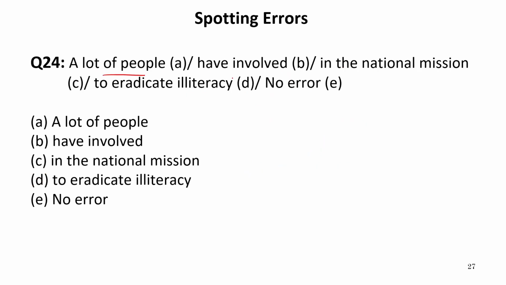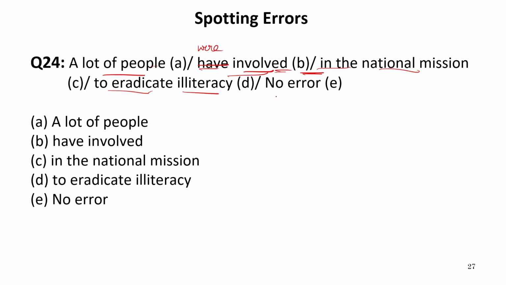A lot of people have involved in the national mission to eradicate illiteracy. Now, a lot of people have involved, so we need an object over here. Because the given sentence is in passive voice, so have involved should be replaced with were involved in the national mission to eradicate illiteracy.